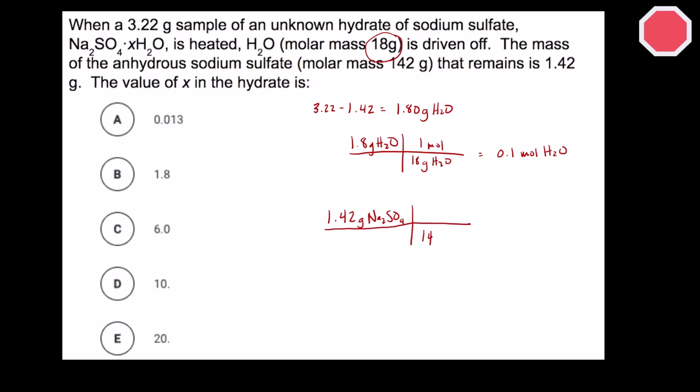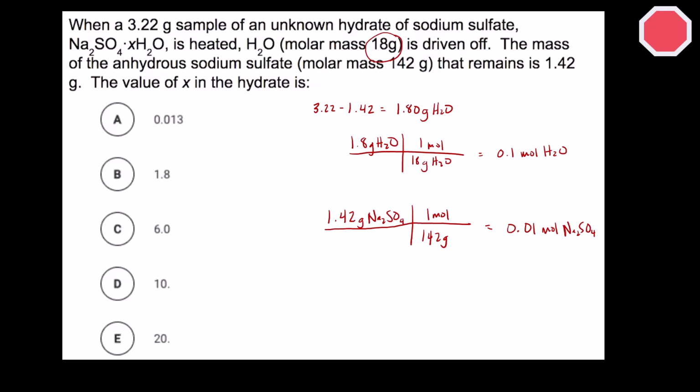So we have 142 grams for every 1 mole, and if we divide this out, we get 0.01 moles of sodium sulfate, Na2SO4. Again, we will learn how to calculate this Na2SO4 later on. You don't have to know that that's sodium sulfate yet, though.